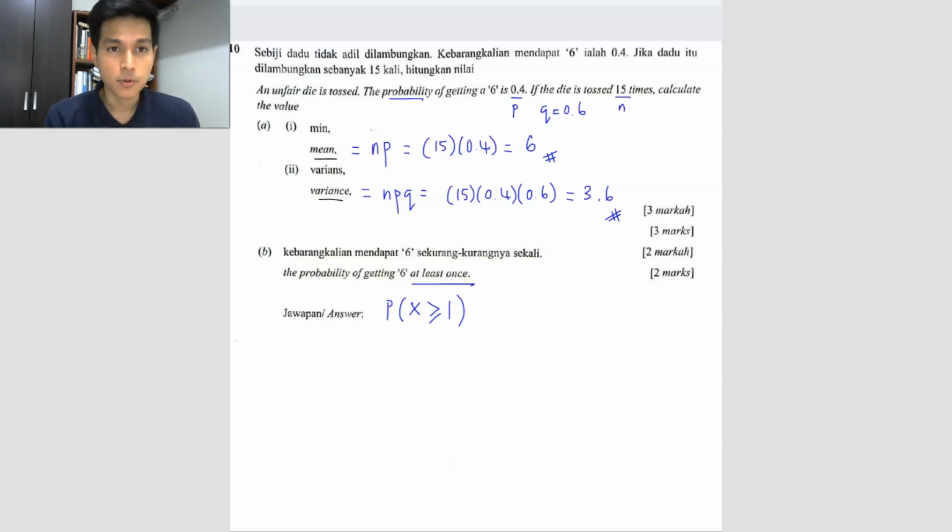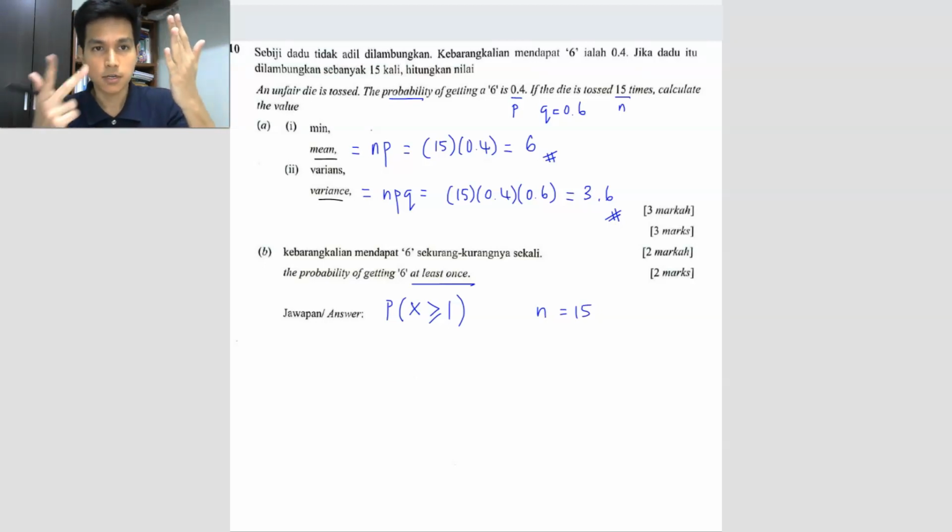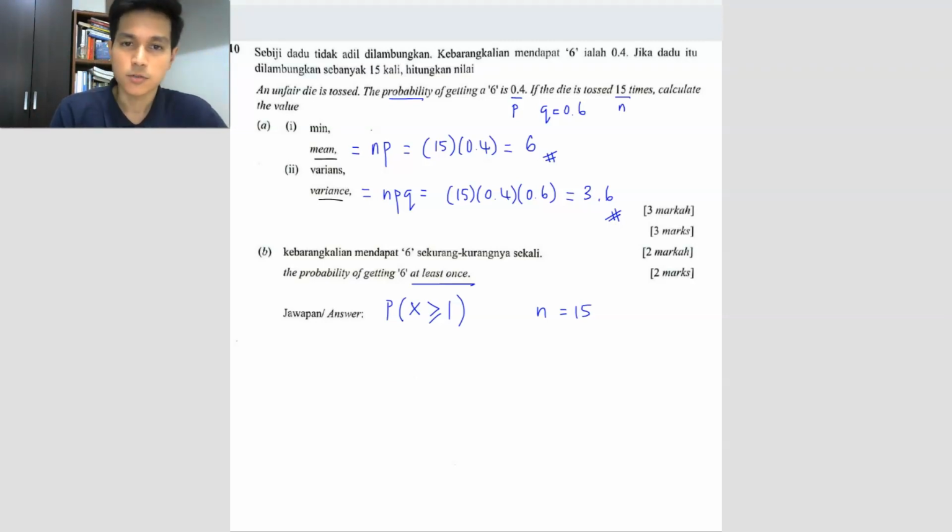Okay, how many times more? You can get 1, 2, 3, 4, 5, 6, all the way to your n value, which is 15. So you must count for x equals 1, x equals 2, x equals 3, 4, 5, 6, 7, 8, 9, 10, 11, until 15. Okay, so it's too much, correct? Until when do you want to count? So what you can do is, you can straight away take the total probability is 1, right?